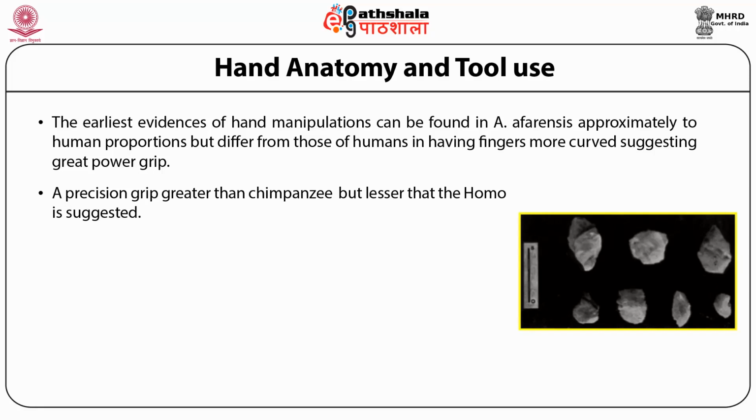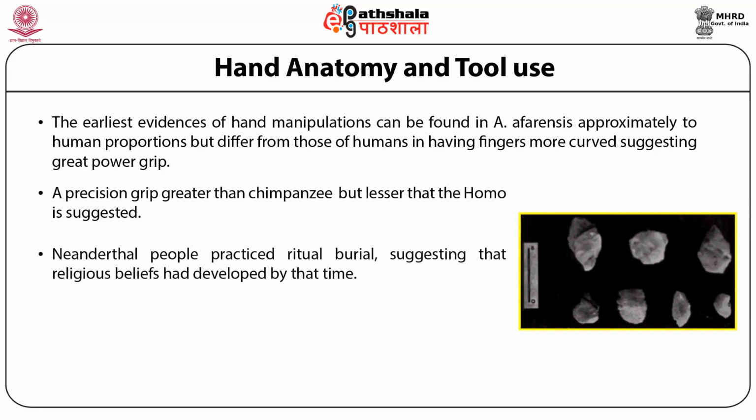The hearth no doubt promoted the development of social organization and allowed an opportunity for the beginning of communication through spoken language. Neanderthal people practiced ritual burial, suggesting that the concept of soul had developed by that time.